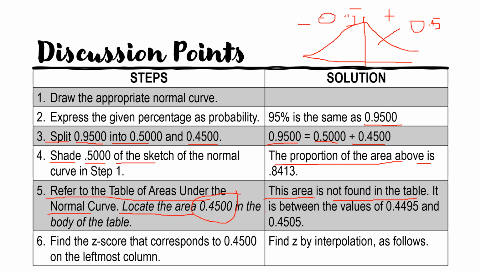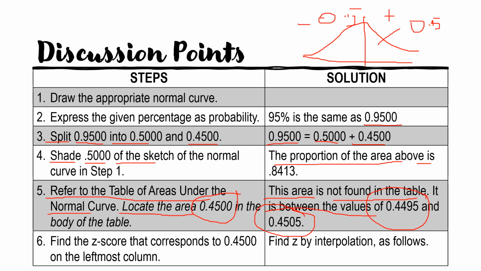It is between the values of 0.4495 and 0.4505 in your table. So if you try to locate your 0.4495 and 0.4505, you can find these two values of areas.